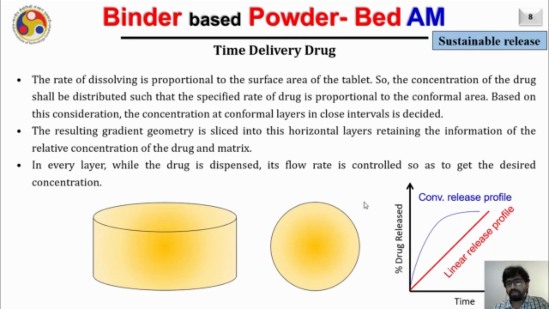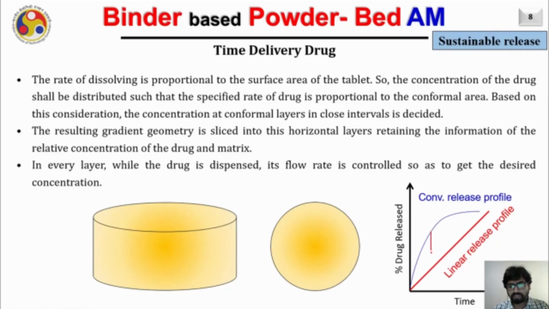Assume that you have a tablet which is loaded with the drug uniformly everywhere. As the tablet or the pill starts dissolving, its surface area will reduce. And as its surface area reduces, the amount of drug released at any time delta t will keep on reducing.